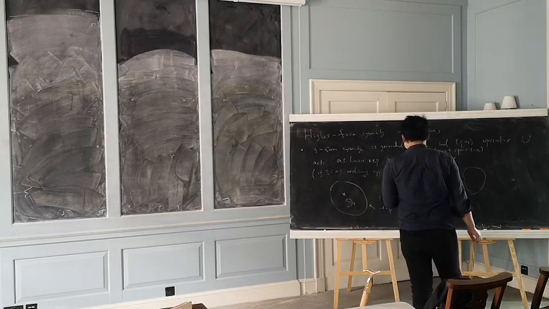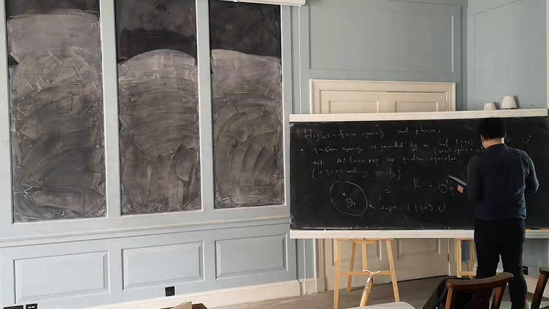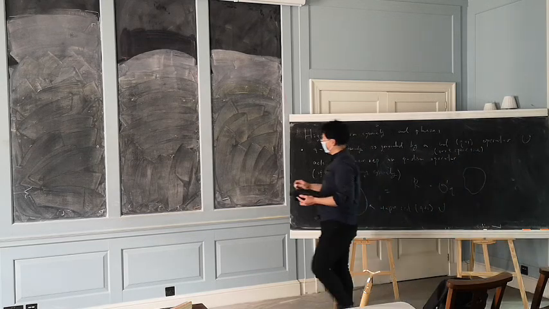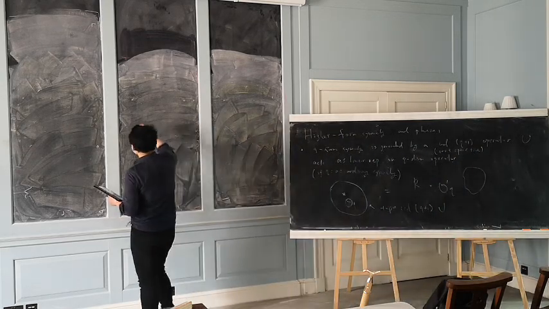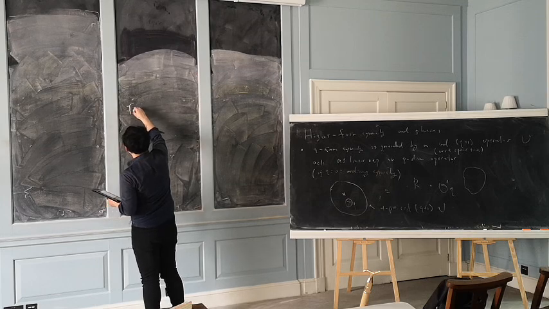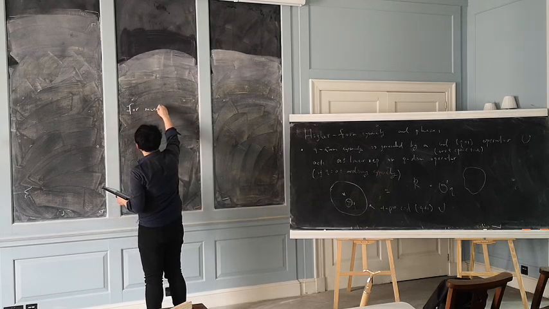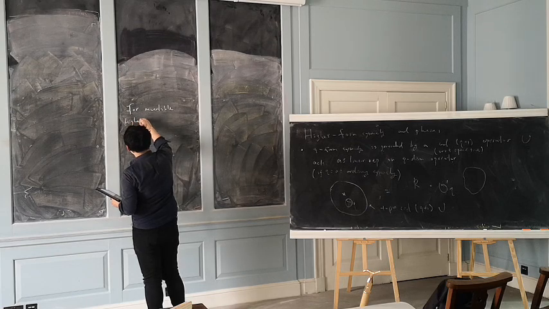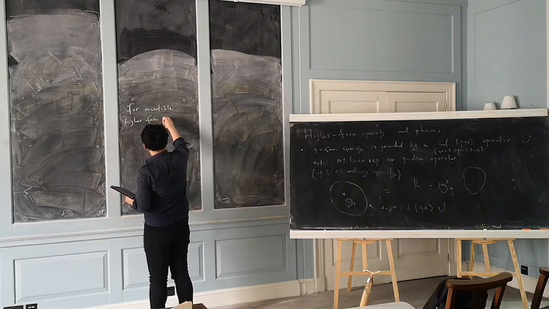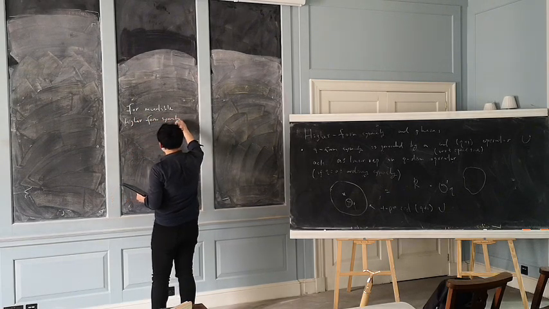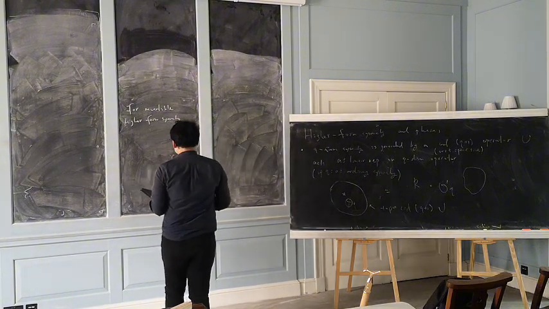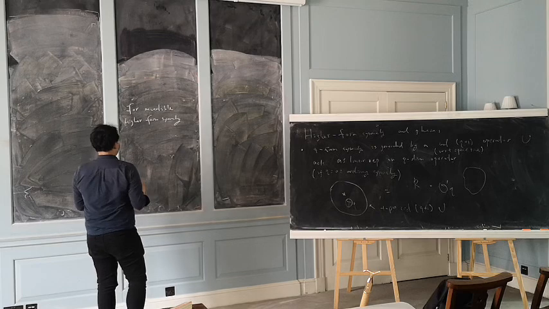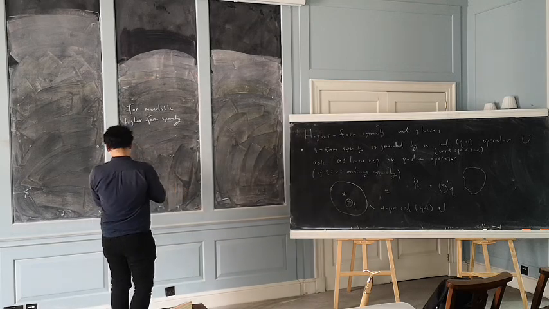So one important property for higher-form symmetry is that if the symmetry is invertible, so here invertible means that the fusion outcome of any two symmetry generators is unique.